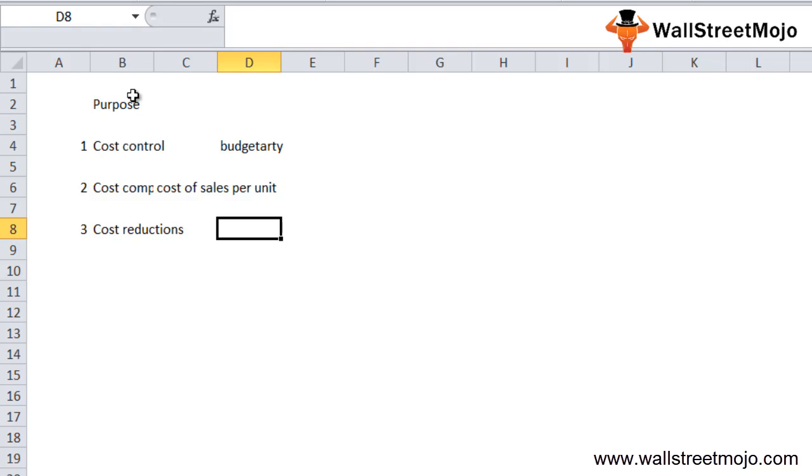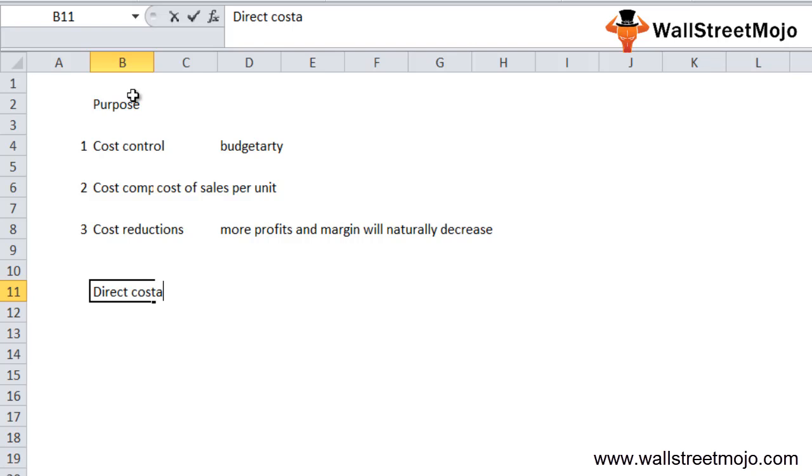Cost computation helps the company to reduce the cost on projects and processes. Reduction in the cost means more profits.